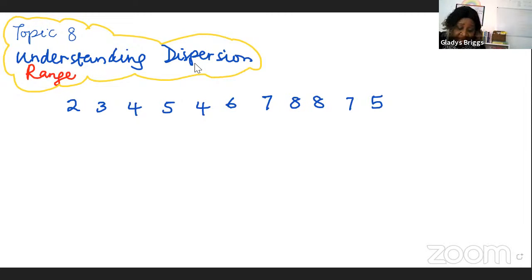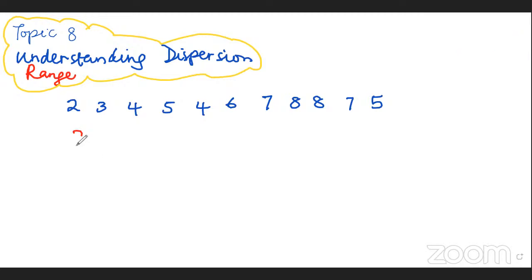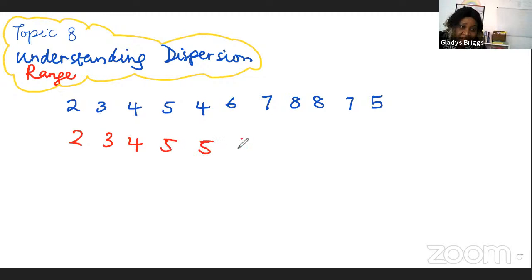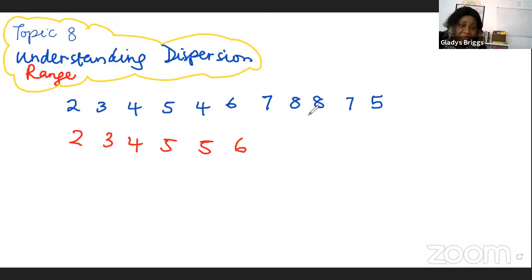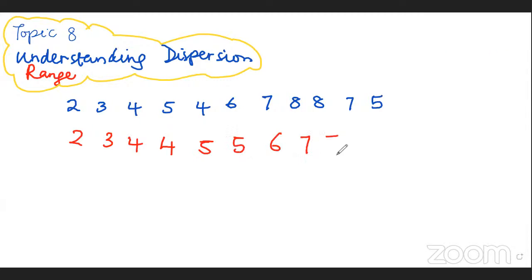Okay, and I said to put them in ascending order. And when we did, we had 2, 3, 4, 4, 5, 5, 5, 6, 7, 7, 8, 8.